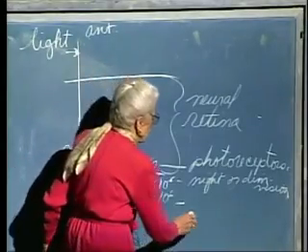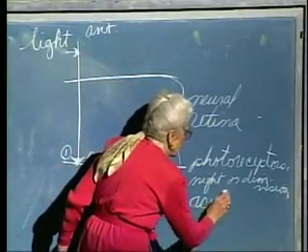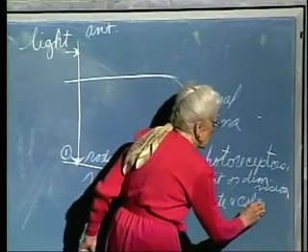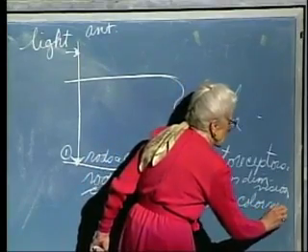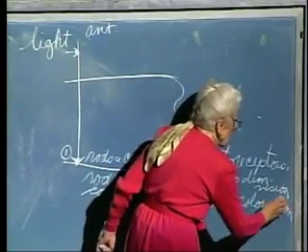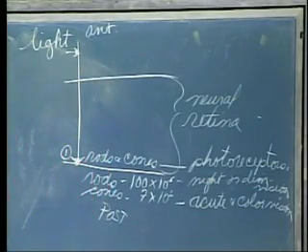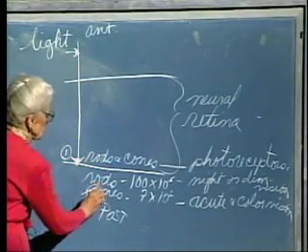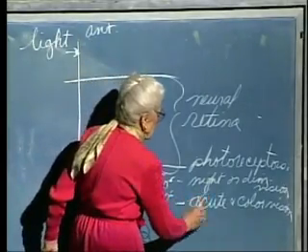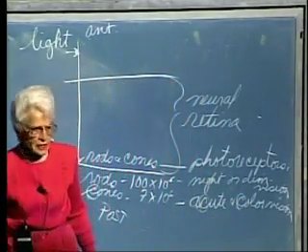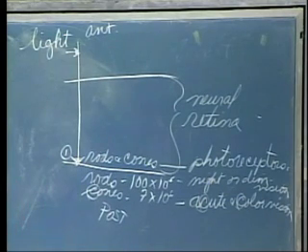Acute vision and color vision. How do you remember which is which? Cones begins with a C, acute, a C, and color, a C. All right? Just because frequently it makes it easier for you.